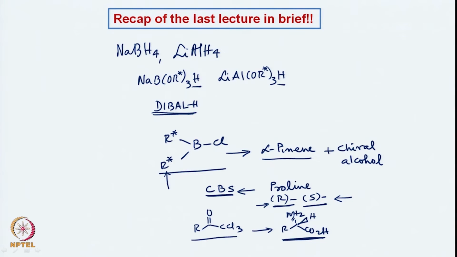So these are the modifications of the catalyst that we discussed. Of course, in this case the reducing agent is a borane, which can be BH3, or catechol borane, or any other borane that we can think about using. So this is what we did in the last class.